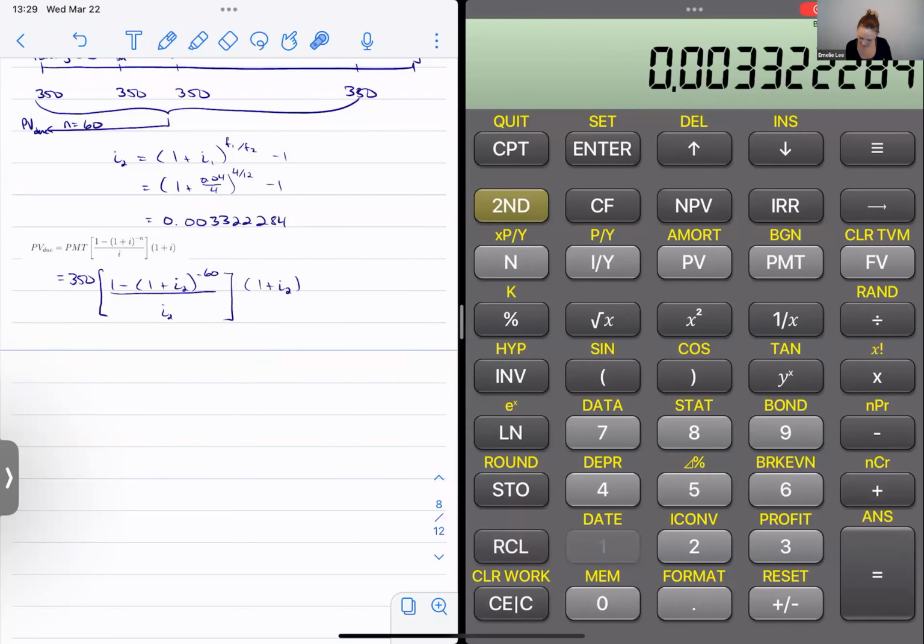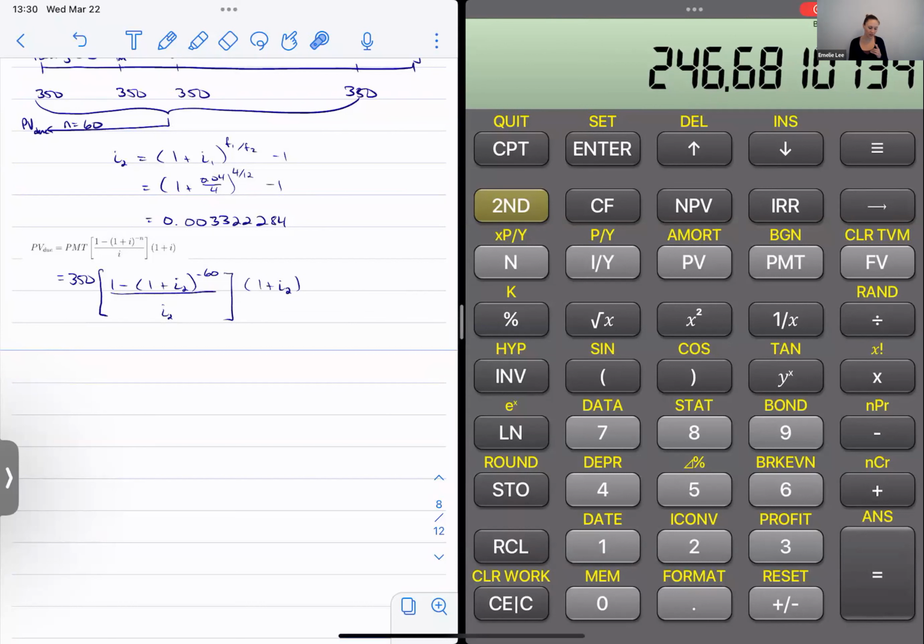1 plus recall 1, to the power of negative 60, equals. Okay, I'm going to store that in 2. And then I'm going to do recall 2 divided by recall 1.